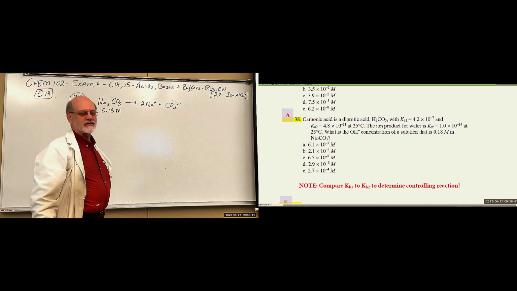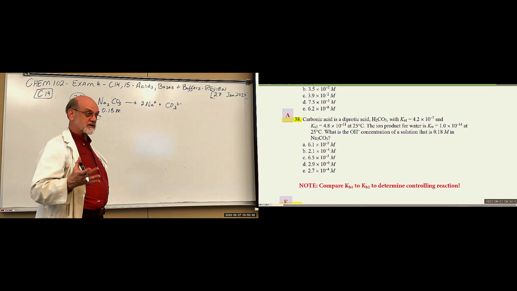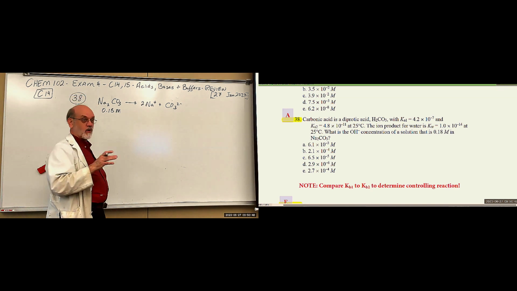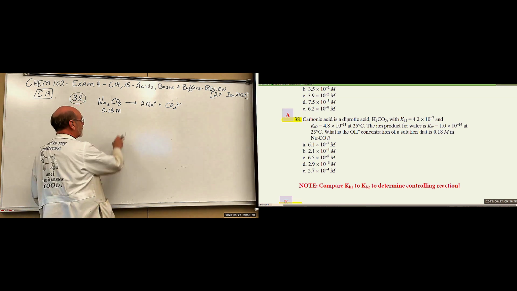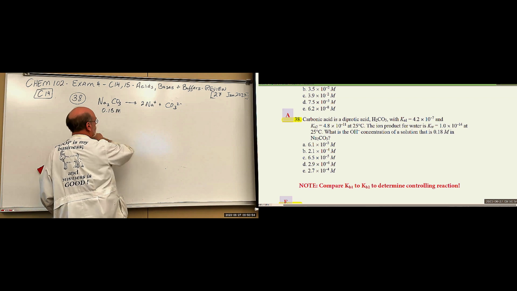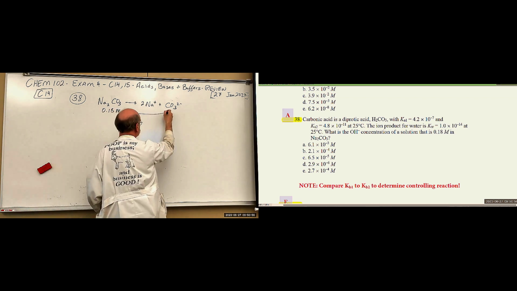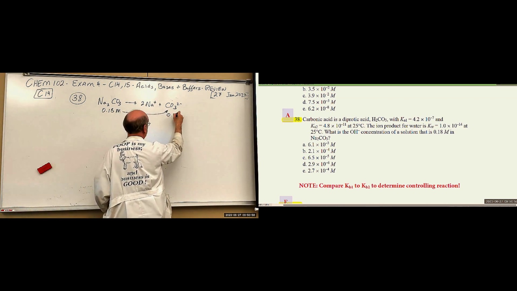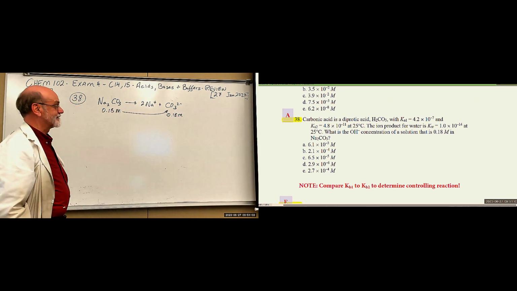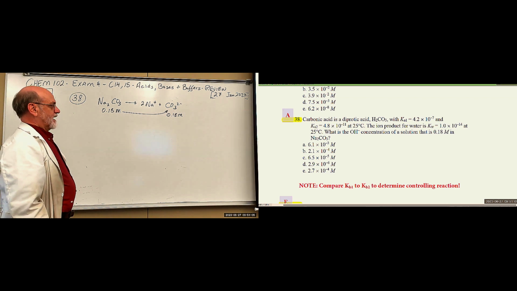No. Sodium hydroxide, if you think of it in those terms, completely dissociates and they don't get back together. Sodium does not react with water at all. So we're only interested in this one right here. So if this is 0.18 molar in Na2CO3, then it's also going to be 0.18 molar in CO3 2 minus.